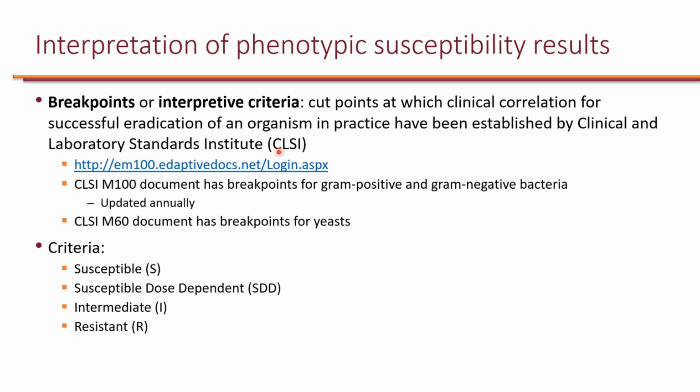Essentially, for a given organism and each antibiotic, they will tell you at what MIC cutoffs it will be considered susceptible, intermediate, or resistant, and for some of these there will be a susceptible dose dependent, meaning that it would be susceptible as long as you give a certain amount of antibiotic.